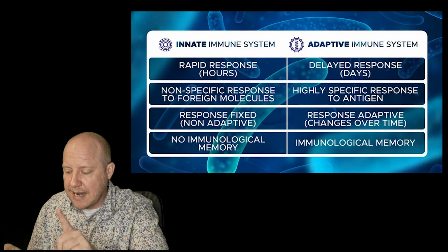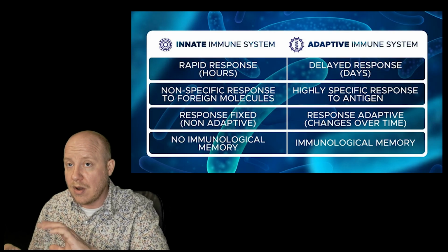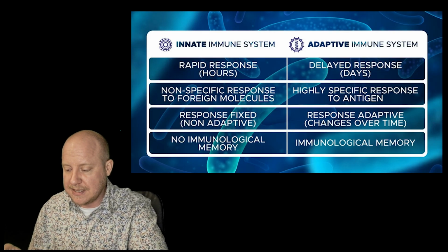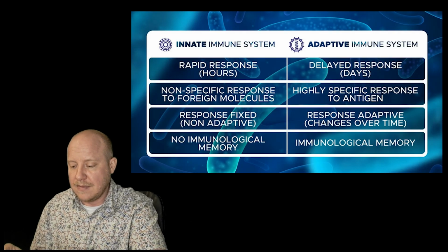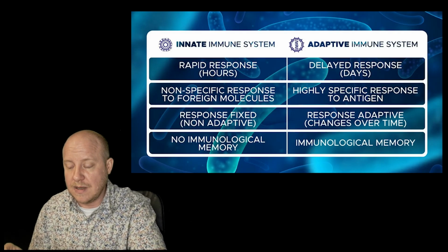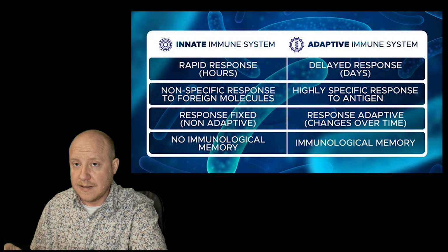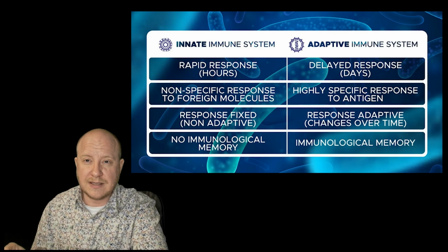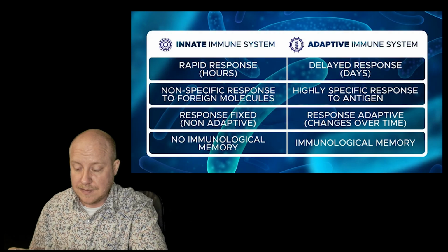Include the idea that the innate system responds to broad categories of pathogen and does not change during an organism's life. Okay, so your innate immune system is the system you were born with, the system that you will die with, and it reacts to a broad range of things.